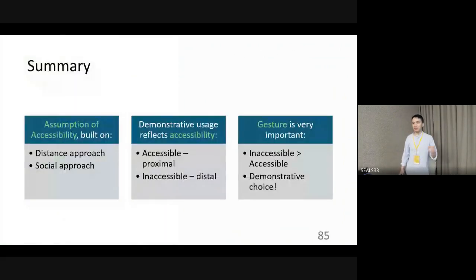So in summary, for this presentation, I have proposed accessibility as a way to investigate the demonstrative system of a language. This approach builds on previous approaches of distance and social factors. Accessible is marked with proximal and inaccessible with distal. More importantly, it shows us how important gesture is to demonstrative choice, because it can turn something inaccessible into accessible.